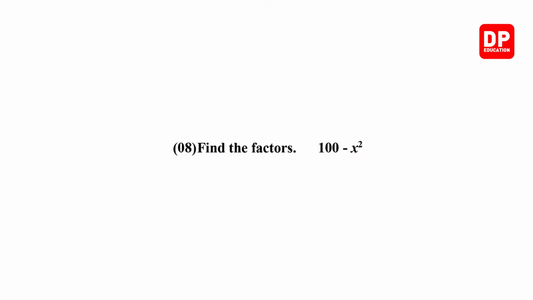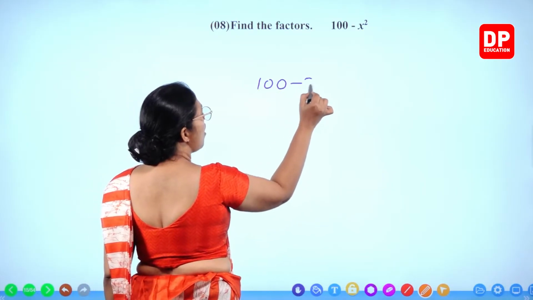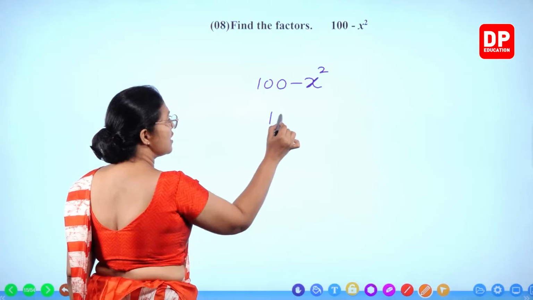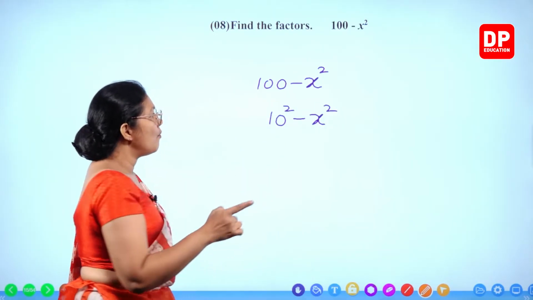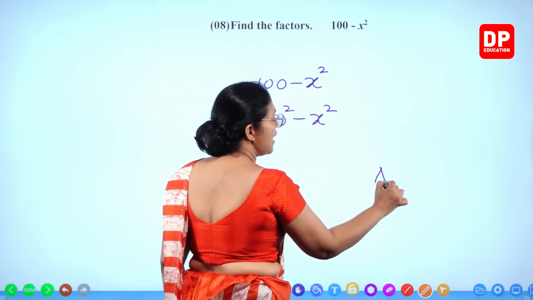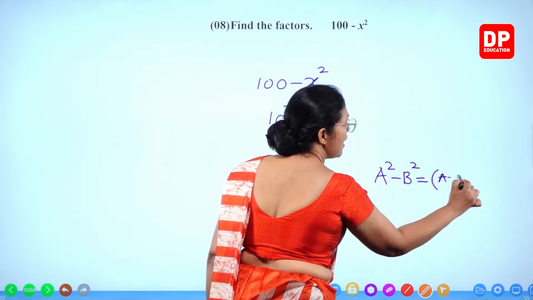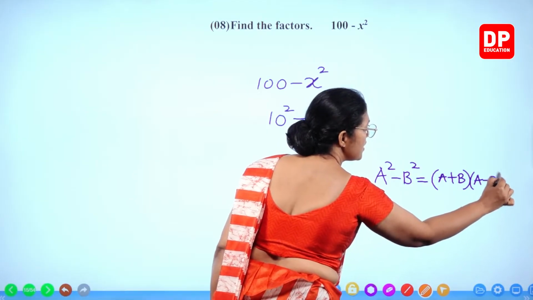Question number 8. Find the factors of 100 minus x squared. So 100 you can write as a square term, 10 squared. So 10 squared minus x squared. What can we apply? Difference between two square terms. A squared minus b squared you can write as a plus b and a minus b as factors.